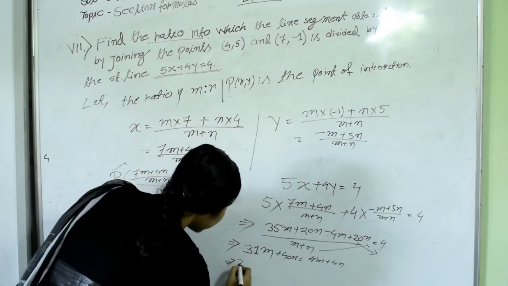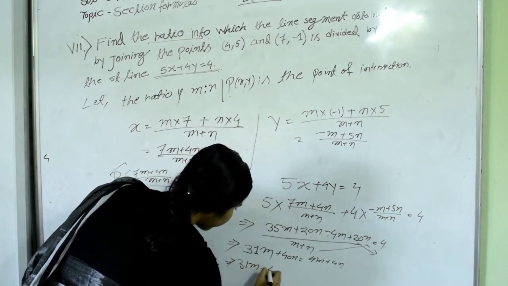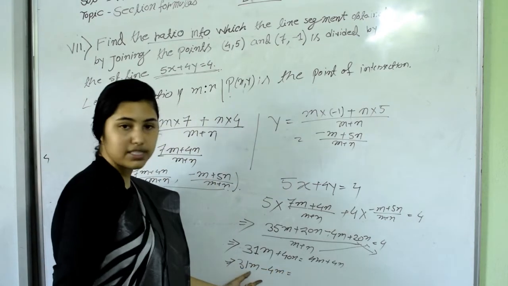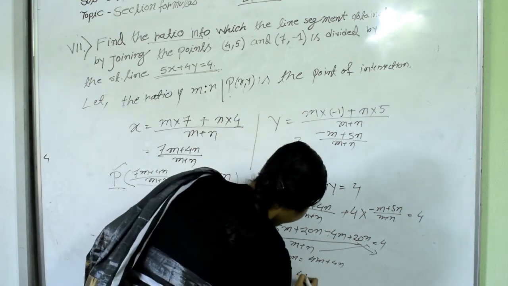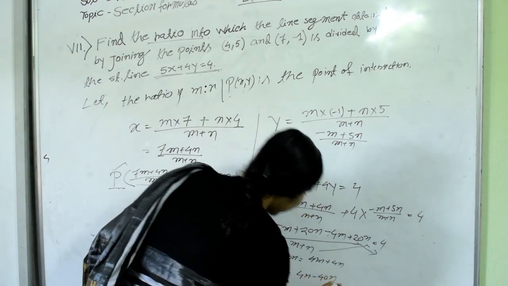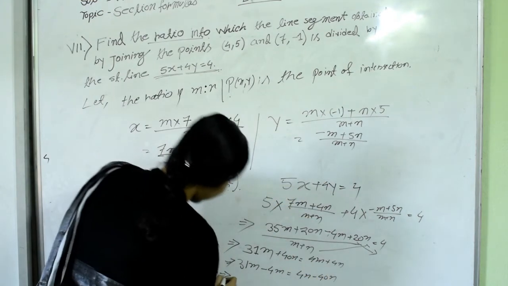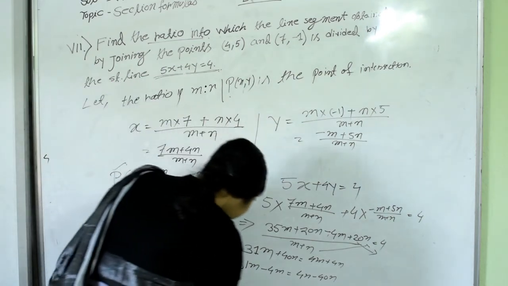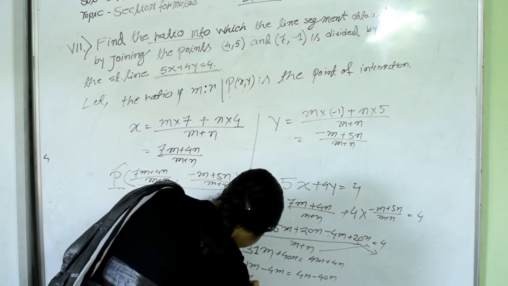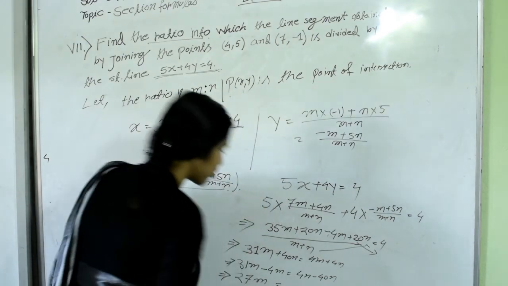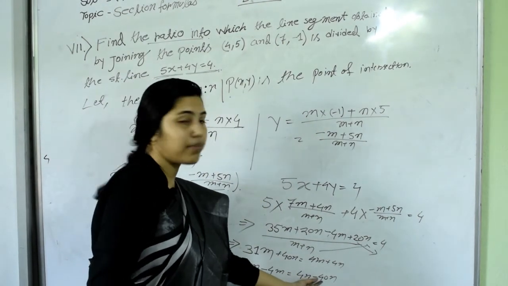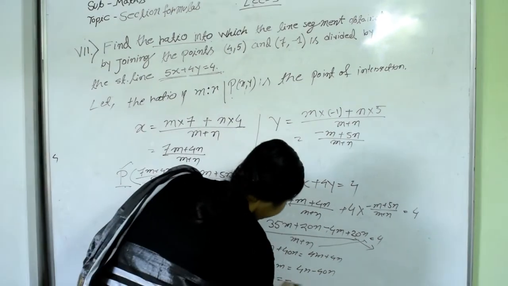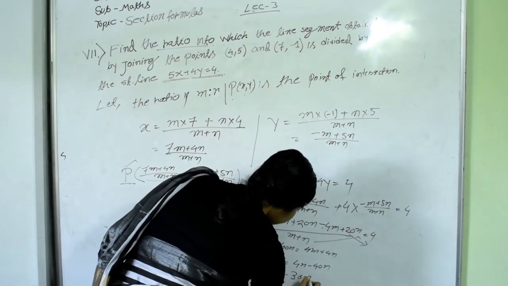Next, consider 31m - 4m on the left hand side and 4n - 40n on the right hand side. Now 31m - 4m is 27m, equals 4n - 40n, which is -36n.